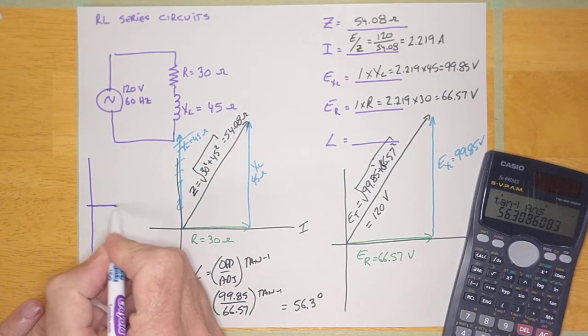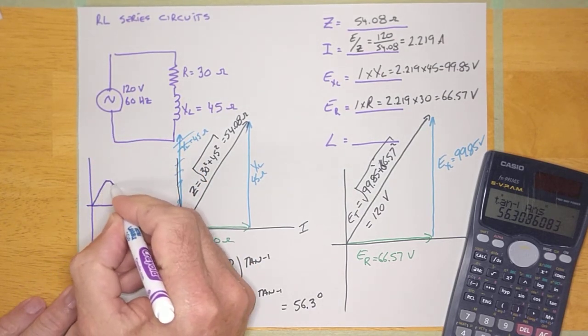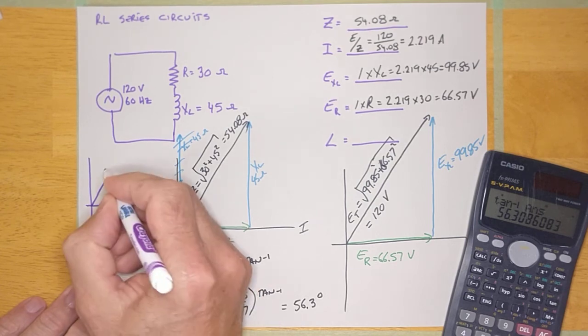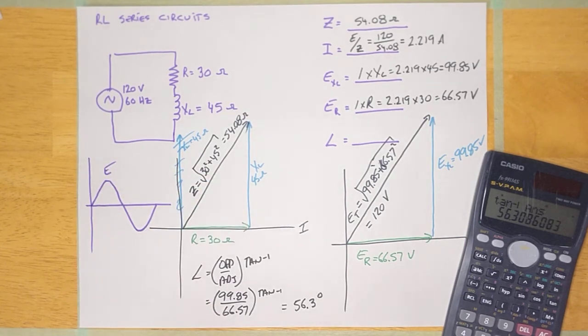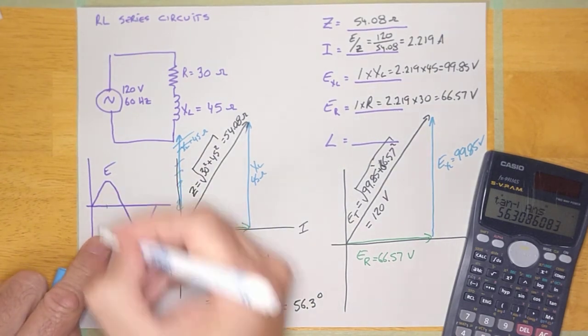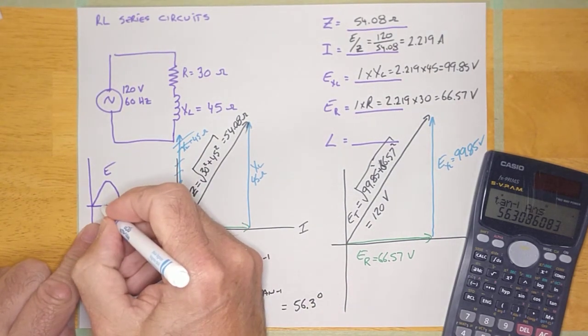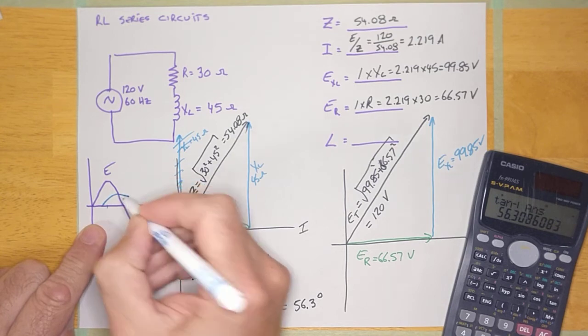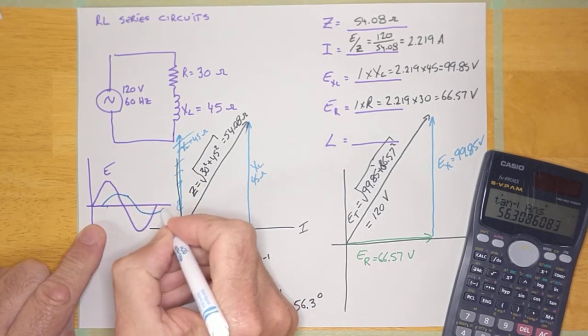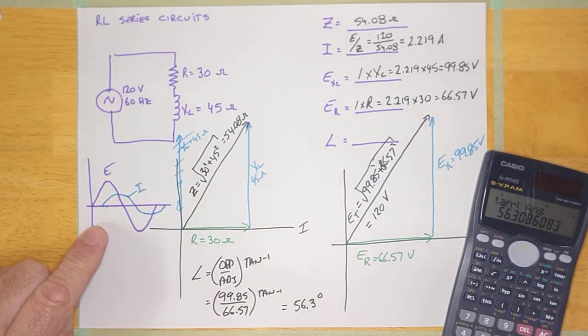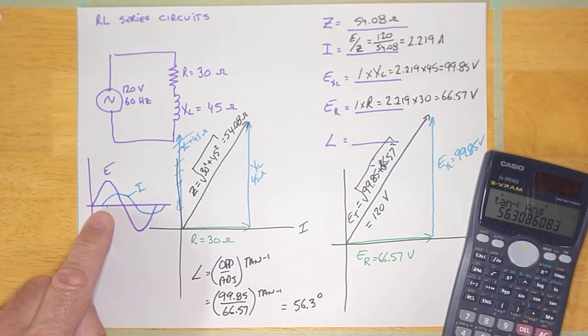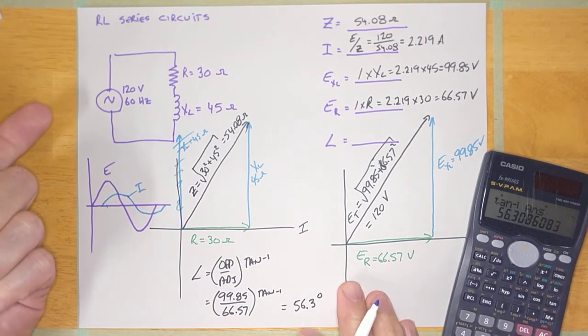If I scope this entire circuit, I would see the voltage, guys, like this, E. And then I would see the current. There's 90, okay? So lagging by 56 degrees. Let's see if I can draw this. Not too well, okay? So there's the current, lagging by 56 degrees.